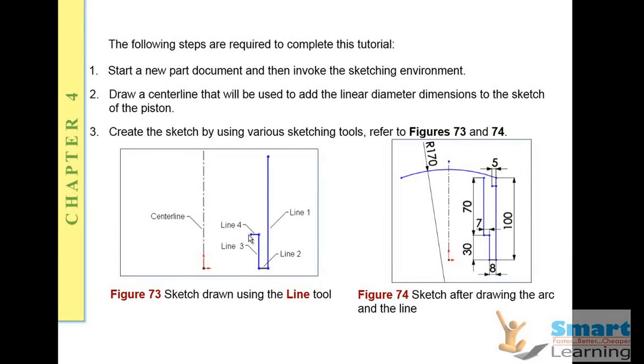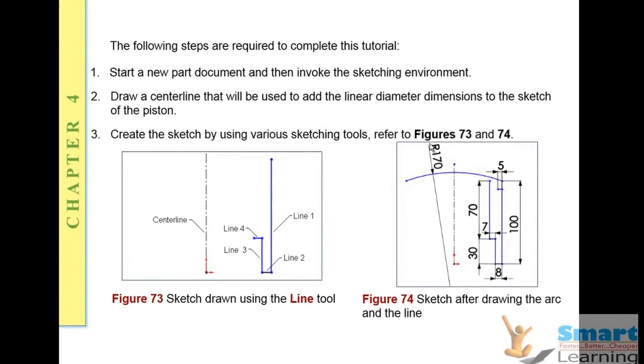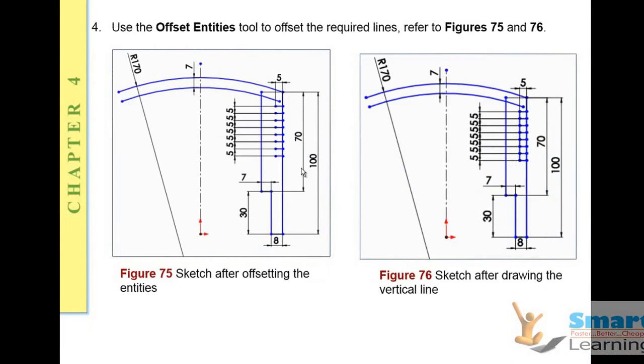First of all, you create the insert line which you are going to create here. The line 1 you can draw with a base and this, then this side and this, and with the center line. Then you maintain the radius which you have, 170. Then you offset this with 7.